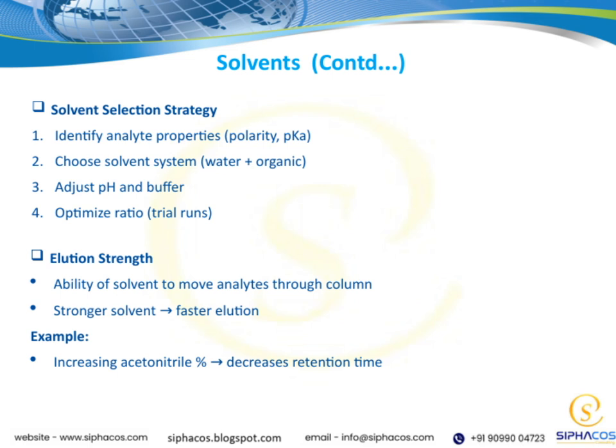Speaking of elution, the elution strength is a key concept here. It refers to the ability of the solvent to carry analytes through the column. Generally, a stronger solvent results in faster elution times. For example, increasing the percentage of acetonitrile in our solvent mix will decrease the retention time of our analytes, making the separation quicker.